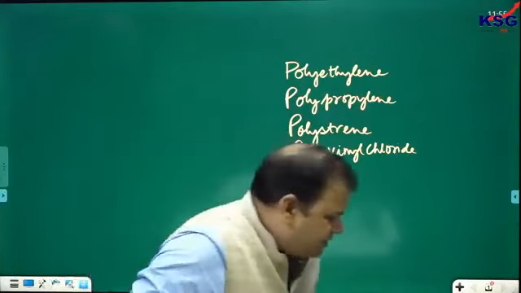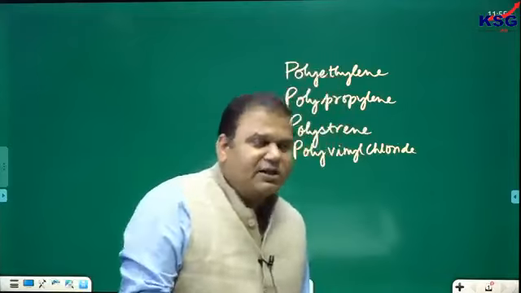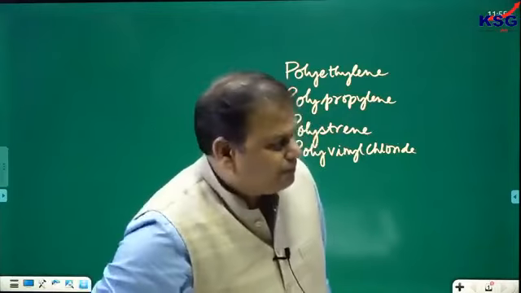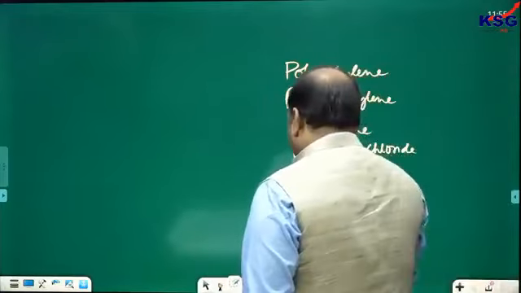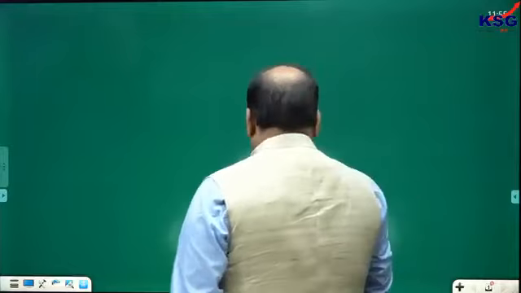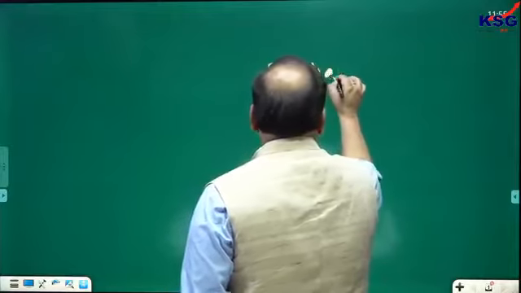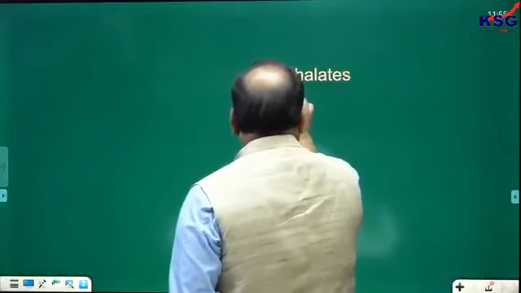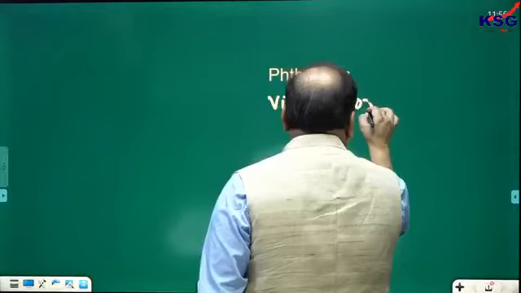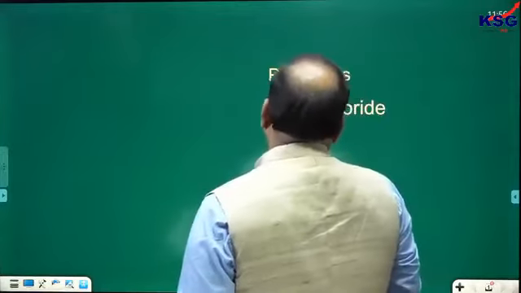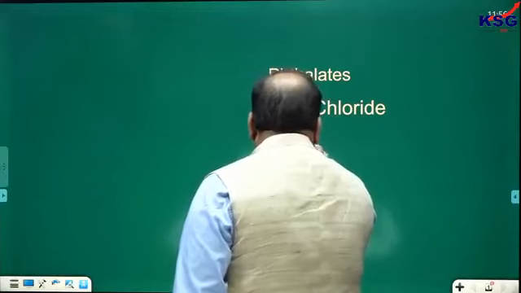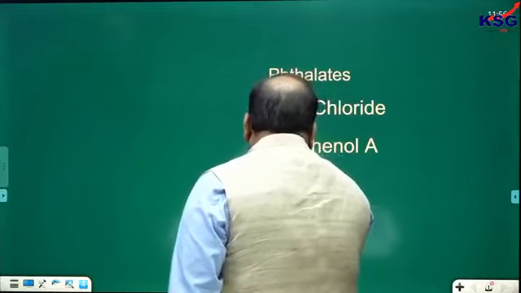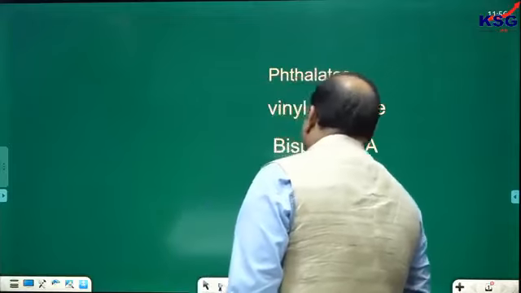Plastic products consist of many chemicals, which include phthalates, vinyl chloride, then bisphenol A, and BFR, that is brominated fire retardant.